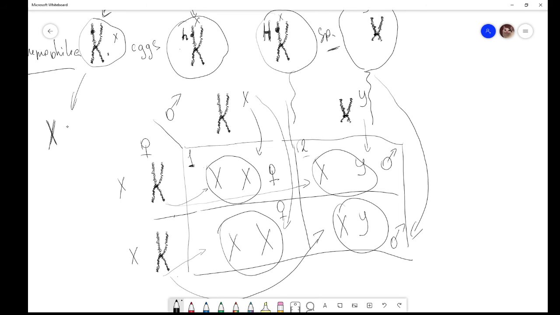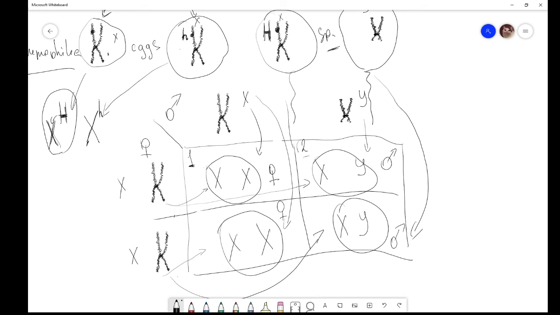This chromosome we write like X with letter H. It means that this gene is linked to this chromosome, and this X chromosome has a recessive variant of this gene.